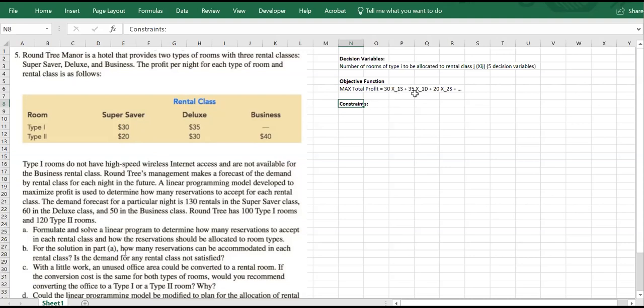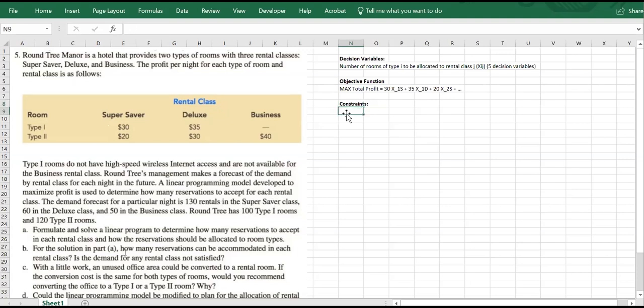If X1S and X2S, the number of rooms allocated to super saver, are more than 130, you will end up not being able to rent them, and the net profit for those extra rooms is going to be 0. So it's easier just to make sure that the sum of X1S and X2S does not go over 130, which is the demand for the super saver class.